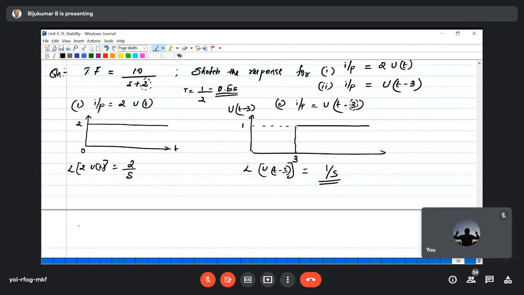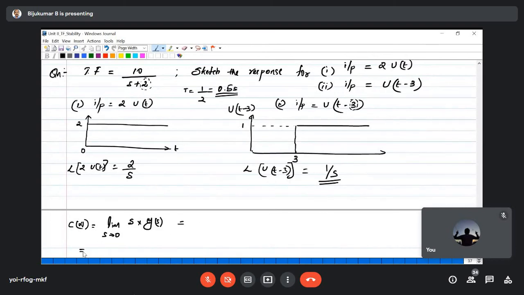So in the first case, how will you find the steady state value? In order to find the steady state value, you have to apply the final value theorem. That is C of infinity equal to limit s tends to 0, s multiplied by y of s. Right, this is the equation.